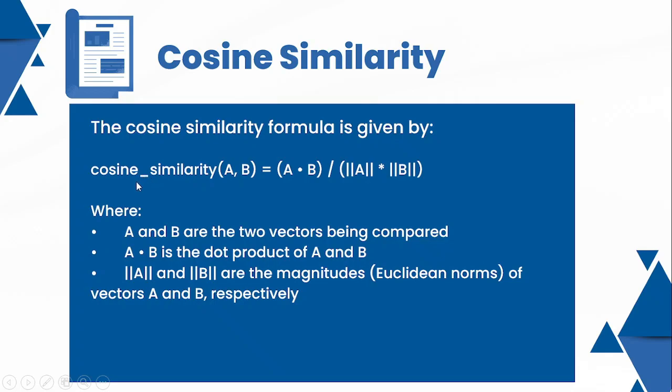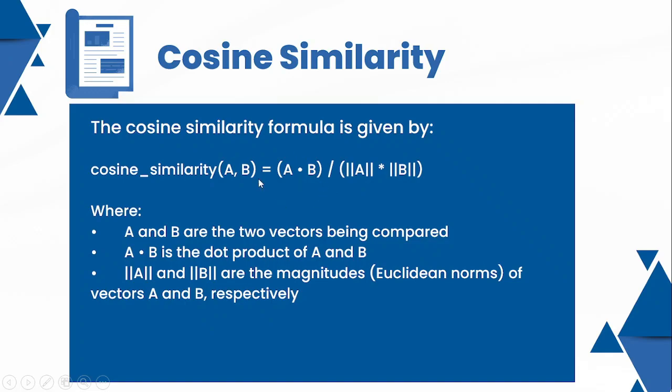Assume that you are comparing the similarity between two objects, one is A and the next one is B. The cosine similarity between the two objects is calculated by using the dot product of A and B, and then we calculate the magnitudes of the vectors A and B, and divide. Here A and B are the two vectors being compared, A dot B is the dot product of A and B, and the magnitudes of vectors A and B respectively.